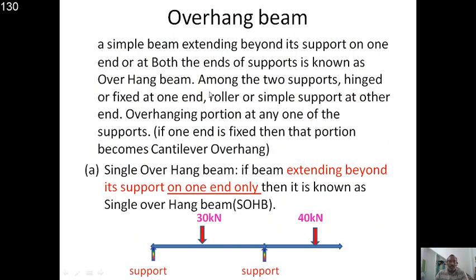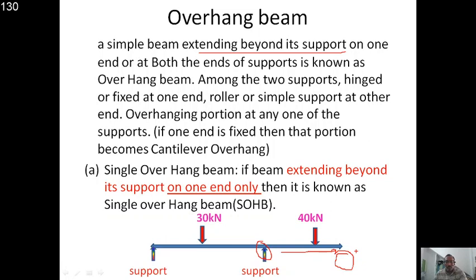Whereas for the overhanging beam, the beam is extending beyond its supports, and after extending there is no support after that. You see in the picture here, it is a support. After the support, the beam is extending like this, but here there is no support.